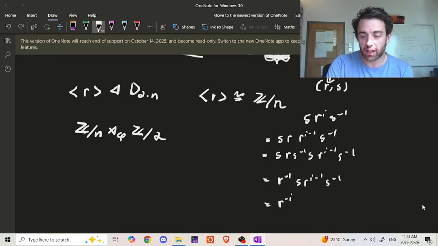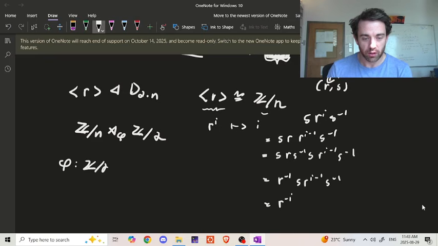So that gives us a bit of a hint. If we're thinking about the isomorphism from here as sending, say, r to the i to i, this tells us that our choice of homomorphism from Z2 into the automorphism group of Z mod n should be the following.